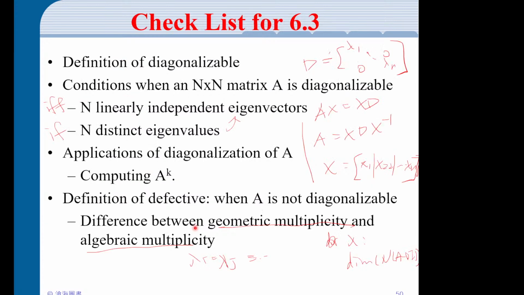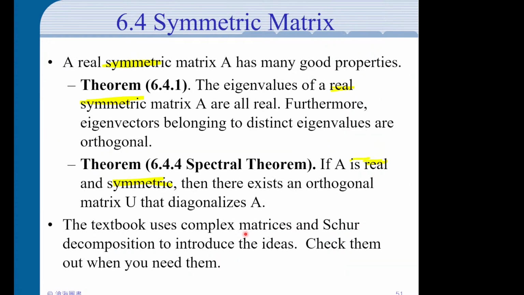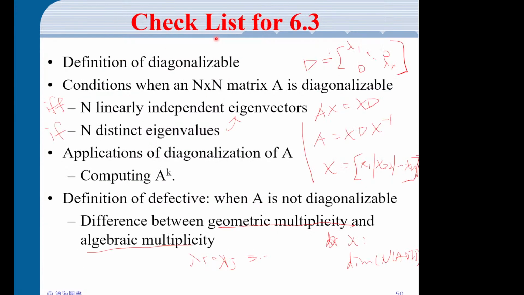So basically the next two parts are a little related to this difference between geometric multiplicity and algebraic multiplicity. First, 6.4, we are going to talk about a very nice set of matrices that will always have geometric multiplicity equal to algebraic multiplicity. And actually it's even a little more.